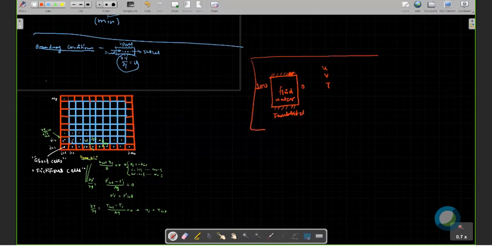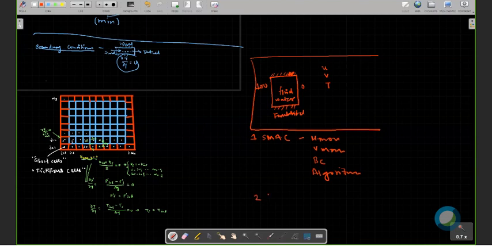For this problem, try to formulate, number one, SMAC. Everything: discretization of the U momentum equation, V momentum equation, and then boundary conditions, and then the algorithm. You write this for this particular problem.